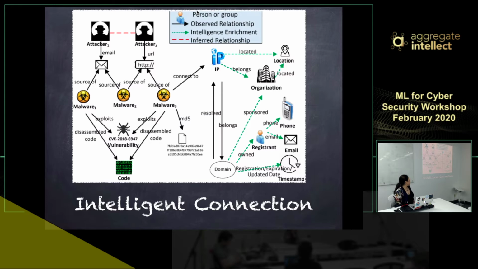So for example, if two attackers attack a system through different methods, one of them comes through email, the other comes through web, and deploy their code, by connecting the dots together and mapping their view, you might end up saying, okay, these two people are probably from the same organization, right?